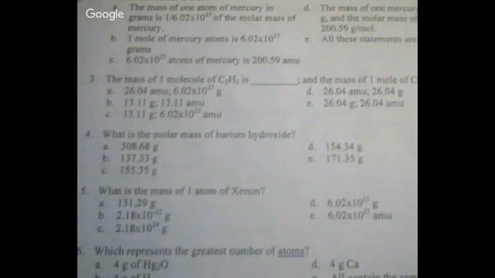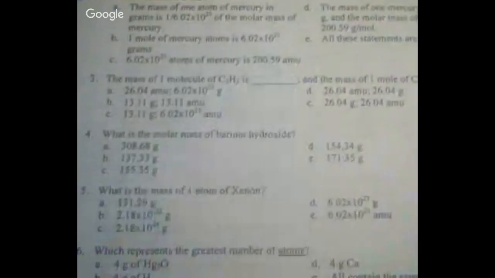That is not true. If it said grams, that would be true, but it's AMU. Okay, the mass of 1 mercury atom is 200.59 AMU. But a mole, or Avogadro's number, or 6.02 times 10 to the 23rd atoms, is going to be 200.59 grams.